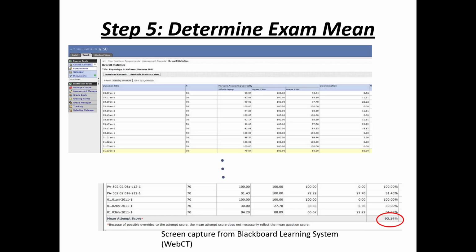Some LMSs will actually divide that for you, and they'll show that this exam had a mean of 93.14, which you might think is kind of high, but that's another thing that you've decided when you wrote your test: are you looking for a normal score distribution, or are you expecting people to be more competent at this, and so the scores to be skewed more towards the 90s.